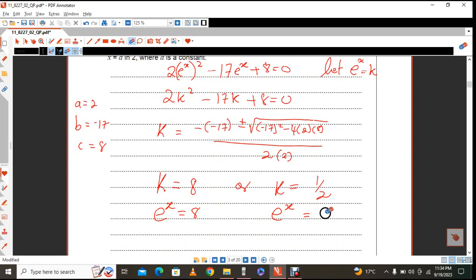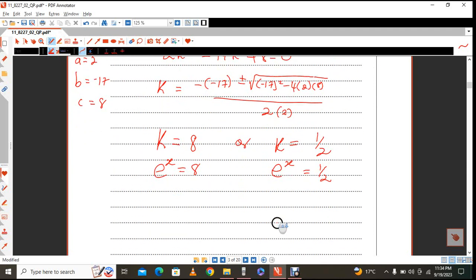And then they are saying you are supposed to leave your answer in a certain way. All right, so one of the things you should know is that the natural log, which is log base e of e raised to the power of x, which is log base e of 8, and you should know that log base e is nothing but the natural log. Okay, so this is going to be x.